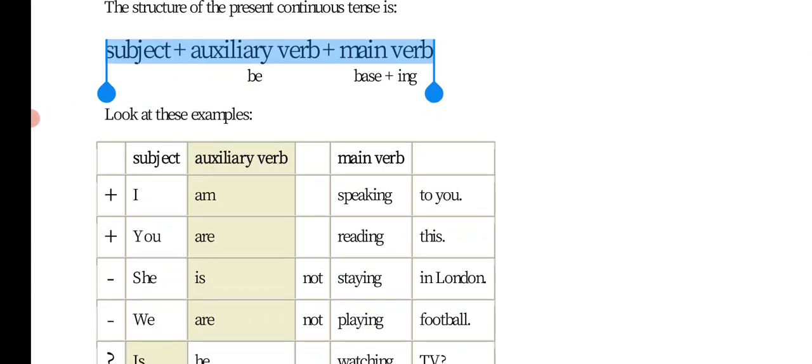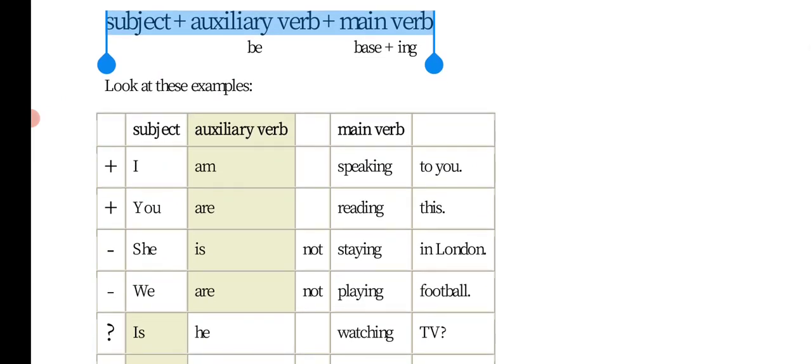Let's look at some examples. I am speaking to you. I is the subject, am is the auxiliary helping verb for present, and speaking, as you can see, speak is the main verb, so we have used the ing form. Why have we used the ing form?